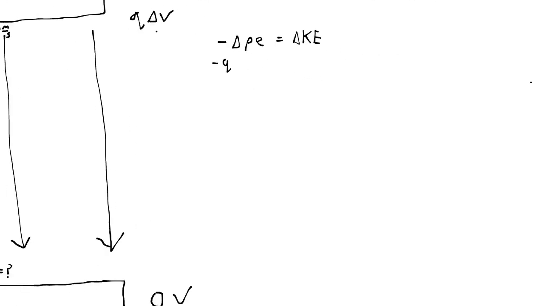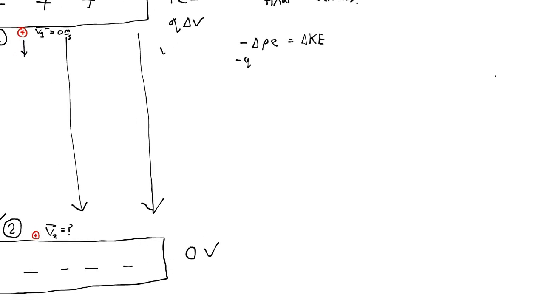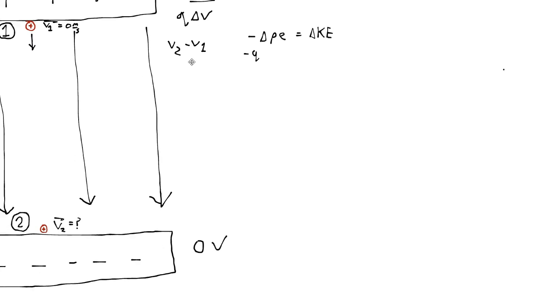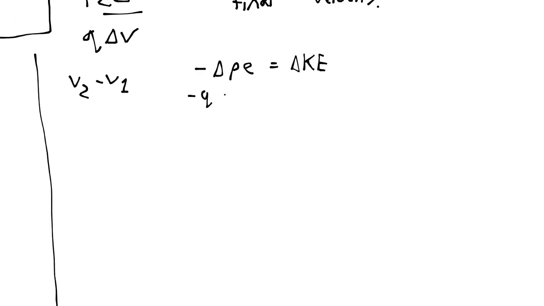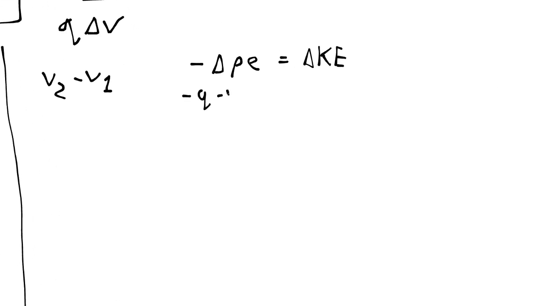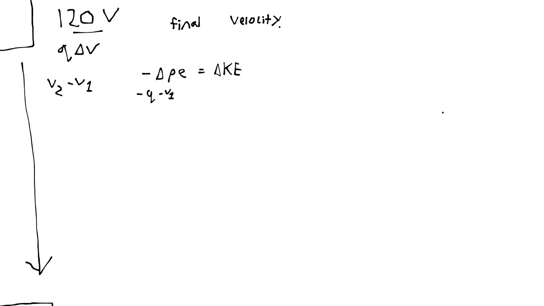Because it's like V2 minus V1, so V1 is going to be 120 volts there, right? But V2 is 0 volts. So this is going to become negative V2, or sorry, negative V1. Okay, because V2 is 0, so it's just going to become 0.